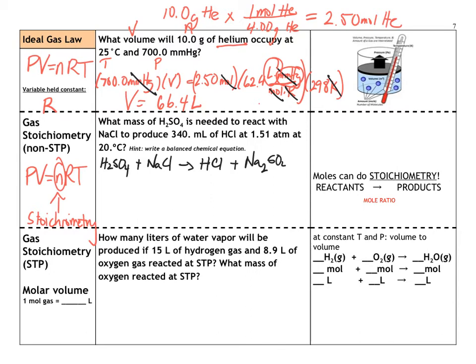And don't forget to neutralize that sodium sulfate. Now we're going to balance this equation. And in balancing this equation, I get 1, 2, 2, 1 coefficients. So we know what the mole ratio is among those values.